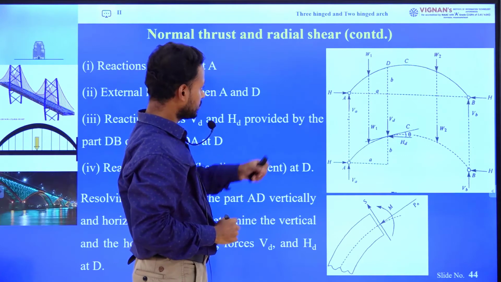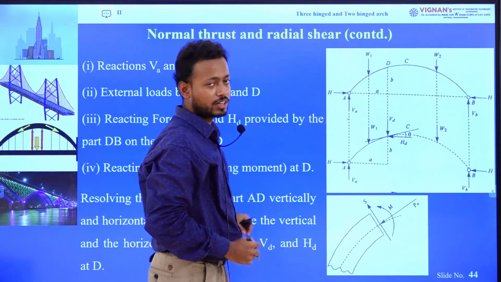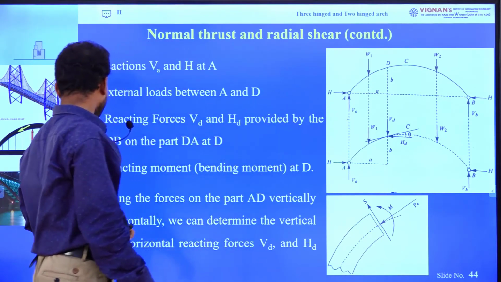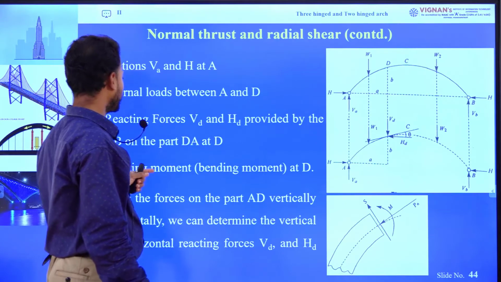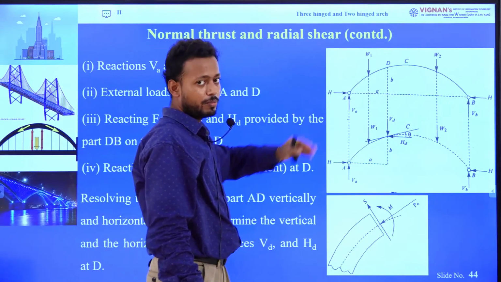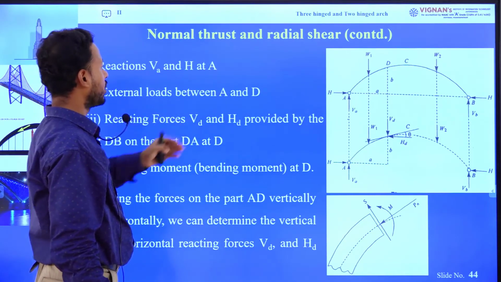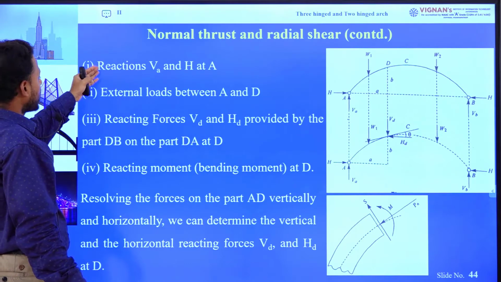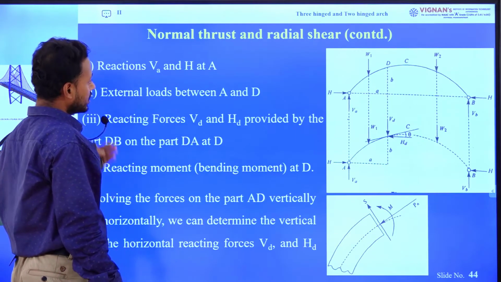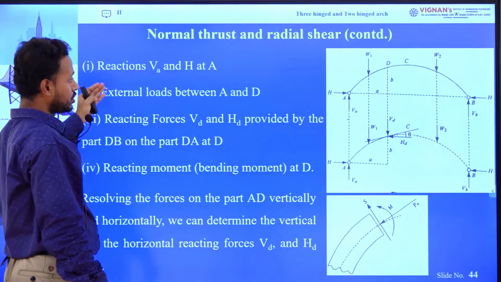So HD and VD will be acting at D point to counteract VA and H. Next is the bending moment at D point. Due to the external load system, that bending moment will be acting at D point. So these 4 types of forces will be acting in this part, and we will consider these 4 types of forces.